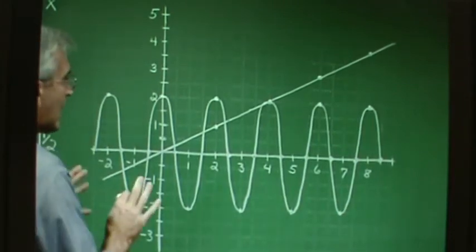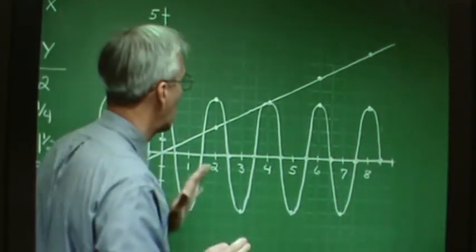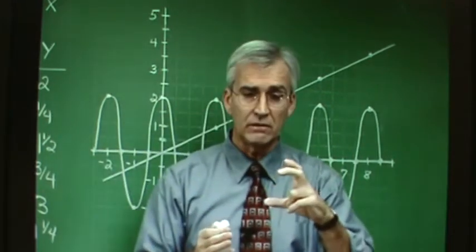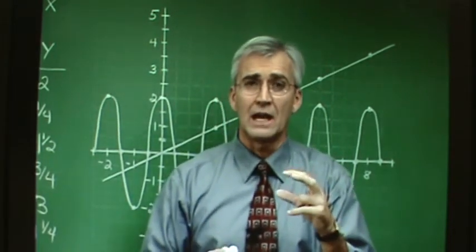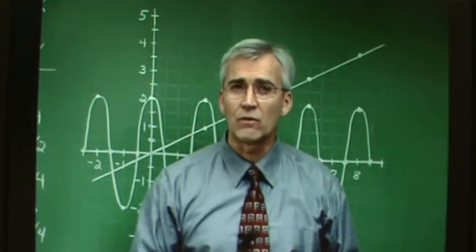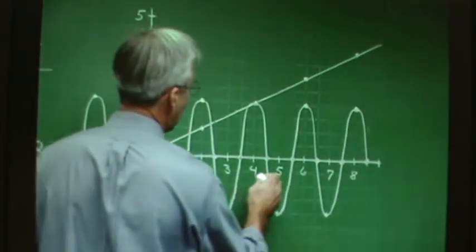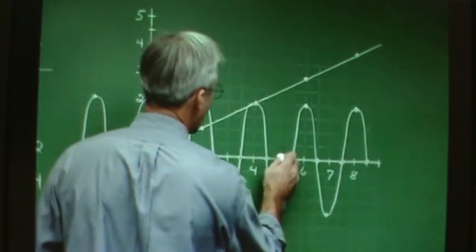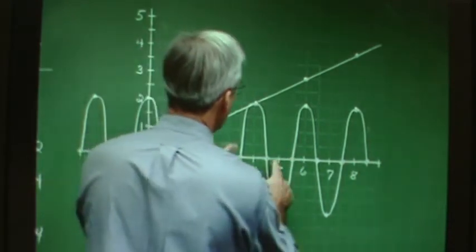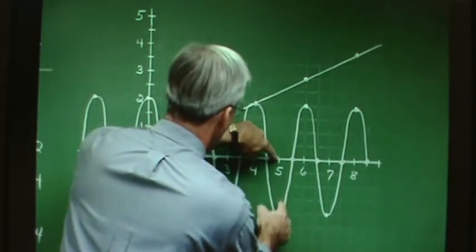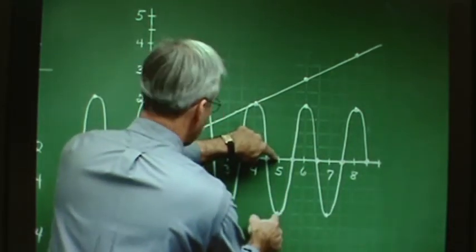Now, the way that we generate points for the sum of these two is to add vertical distances at every point on the graph. For example, a convenient point is this one right here at 5. When x is 5, this graph has a y value that is -2.